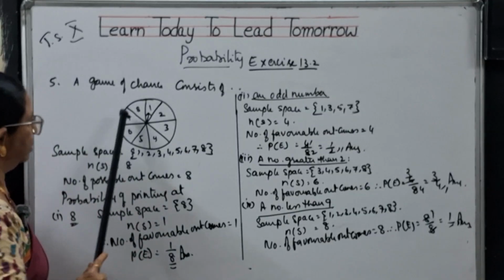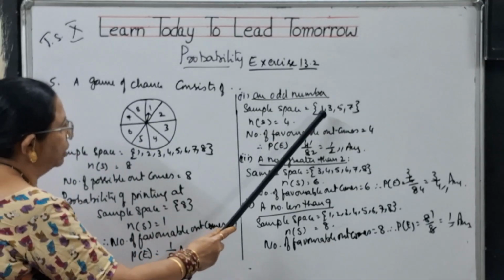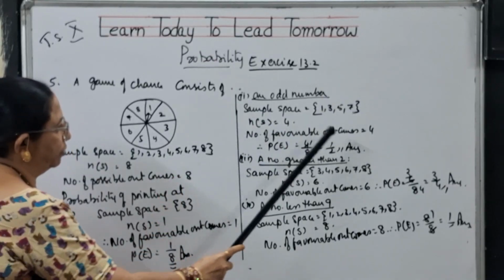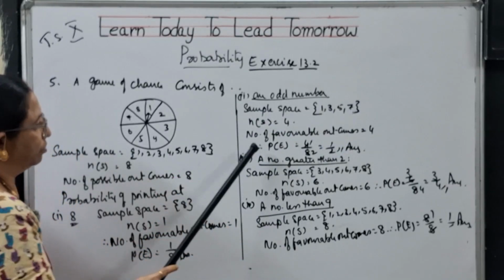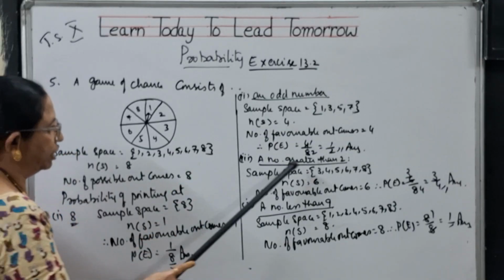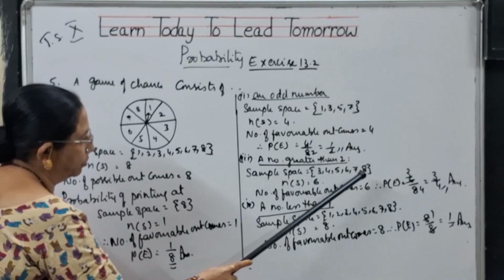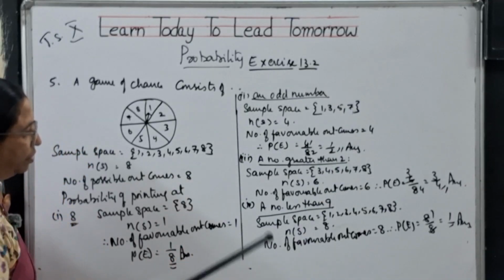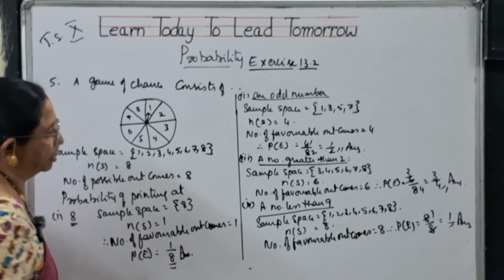Next, odd number. In this, what odd numbers are there? 1, 3, 5, 7. So n of S is 4. So number of favorable outcomes is 4. So P of E is 4 by 8, that is 1 by 2. Number greater than 2: 3 to 8, that is 3, 4, 5, 6, 7, 8. So these are 6 numbers. So number of favorable outcomes is 6.